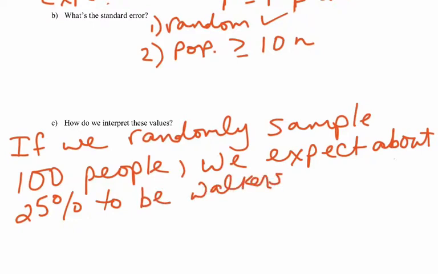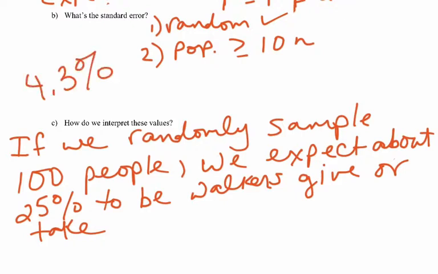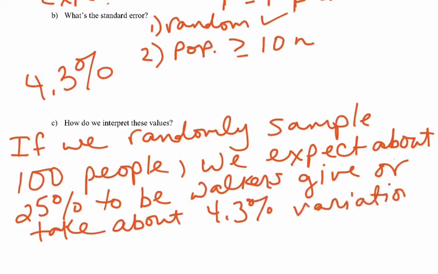This is going to fluctuate from one sample to the next. So then we'll say give or take, how much? How much is it going to fluctuate? That is your standard error. So it's going to say give or take about 4.3% variation from one sample to the next.